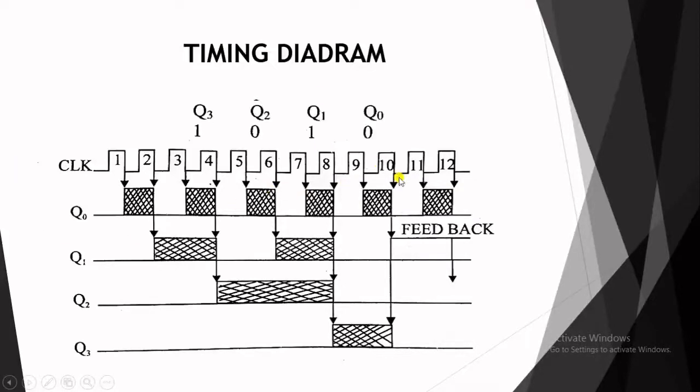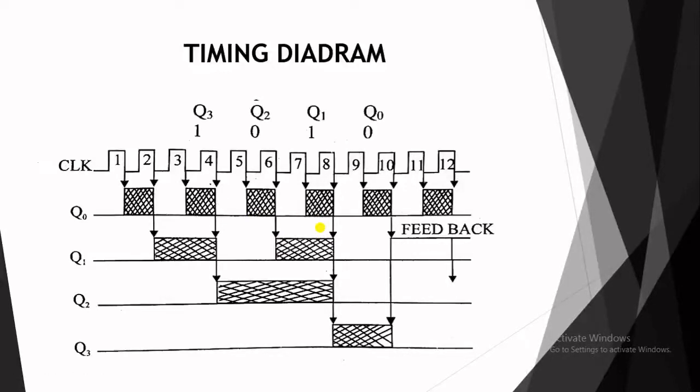For the count 0 to 9, the AND gate is in disable condition. When both inputs of the AND gate are high, it works as an AND gate and its output will be high, but from pulse 1 to 9 it does not work. It is in disable condition.